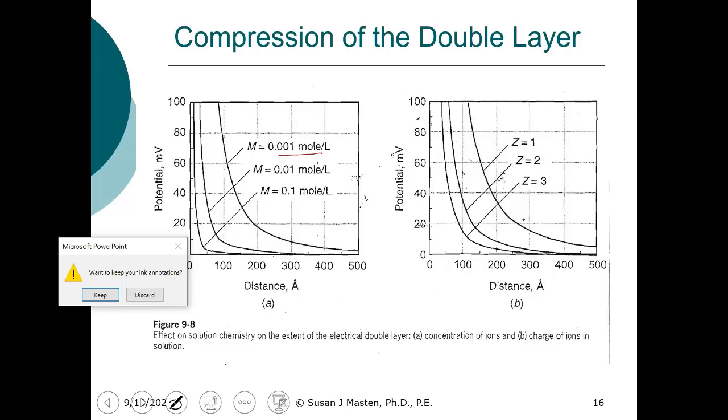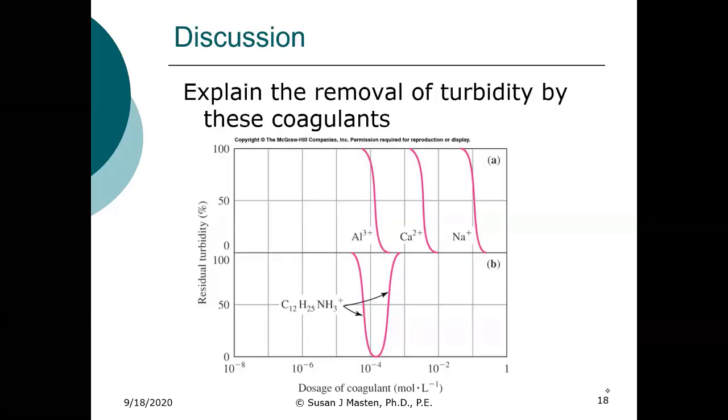Sodium is less effective at compressing the double layer, calcium would be more effective, and the aluminum would be the most effective coagulant. So hopefully that helps with that.